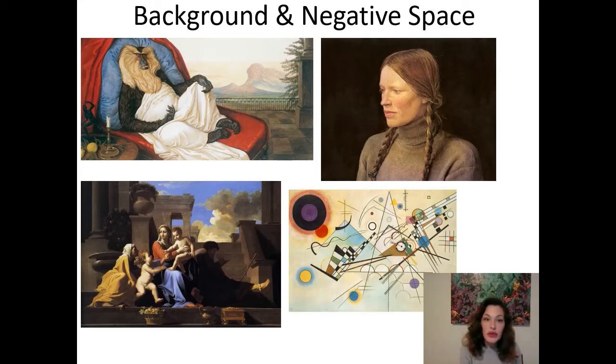On the right, there's a little bit of a different setup, in this representational portrait in the upper right by Andrew Wyeth, and in the abstract painting in the bottom right by Kandinsky. People often say that the stuff behind the marks in the Kandinsky is the background, and that the black space behind the portrait figure is the background, but really the correct term for this is negative space, because there's nothing there.